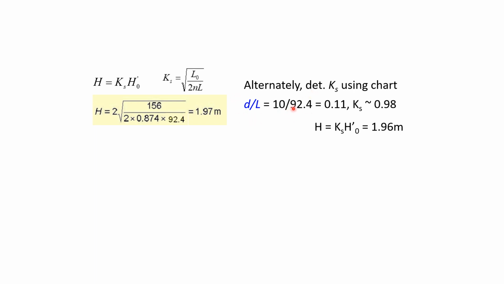We go back to the chart. For d over L equals 0.11, we can read the Ks value from the vertical axis, and from there we should be able to work out the same wave height. Now you won't get exactly the same answer, but don't worry about that. It should be fine as long as it is close enough.